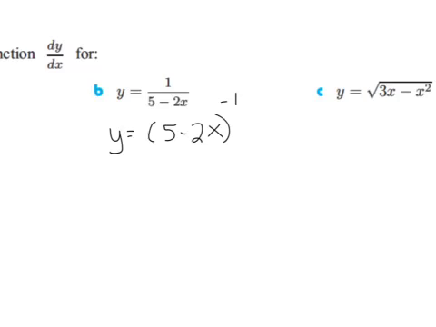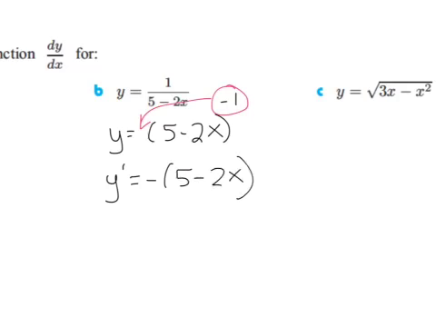And then we would differentiate. y prime is equal to, again, bring down this exponent in front of the parentheses, so we get negative 1 times 5 minus 2x, negative 1 minus 1 makes it a negative 2, and then multiply that by the derivative of what's inside, so negative 2.